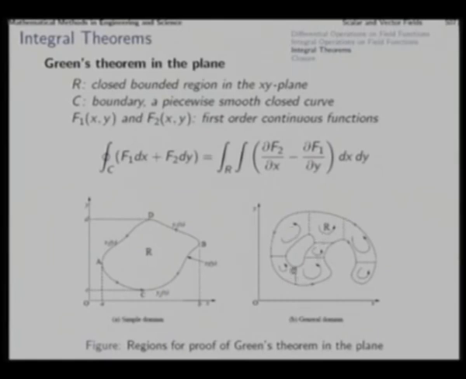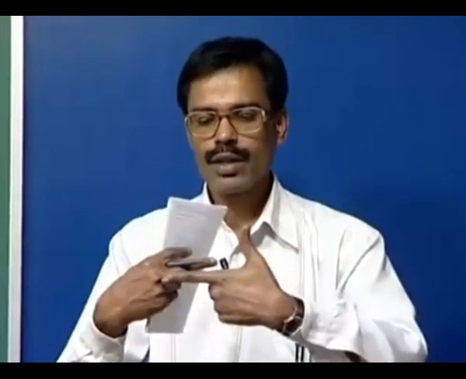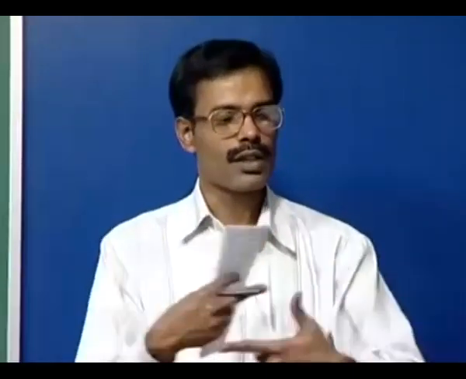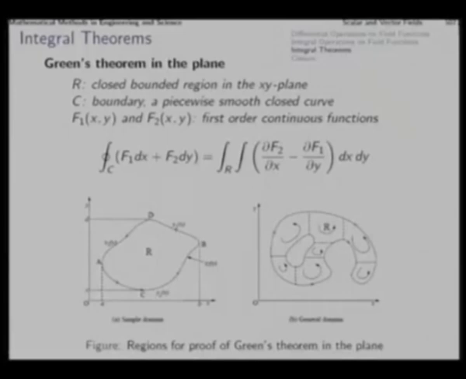So, in the final sum, the line integral that remains caters to the actual original boundary of the given domain and removes all the contributions from the spurious boundaries, because they are traversed twice in opposite senses. So, they cancel each other. So, this way Green's theorem in the plane can be applied to this kind of domains also.